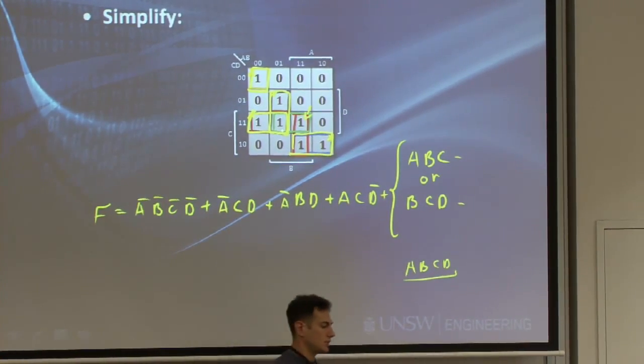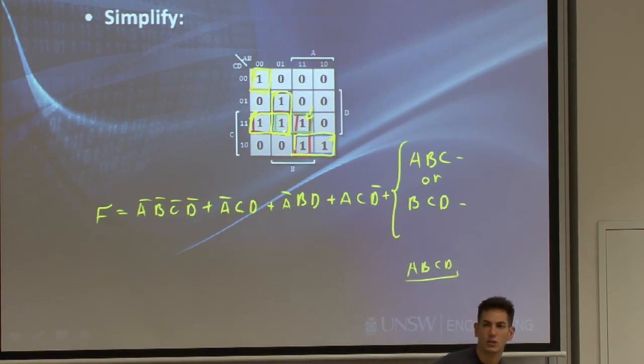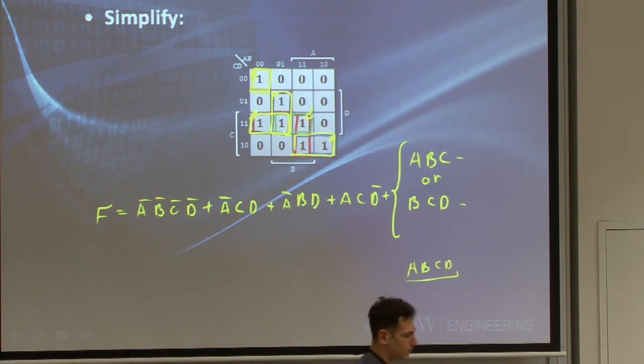Now, there was a question, so if I come to an exam and I have a choice, which one do I write? Pick one. It doesn't matter which one, as long as they both have the same number of variables in them.